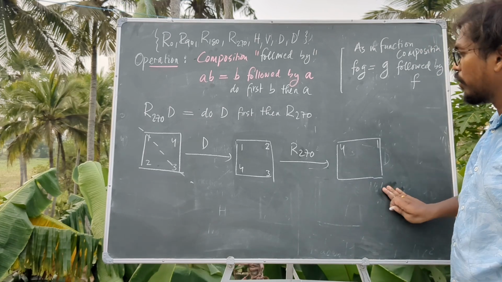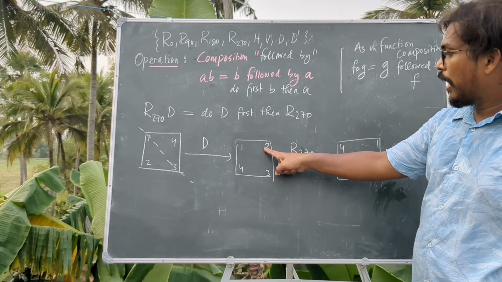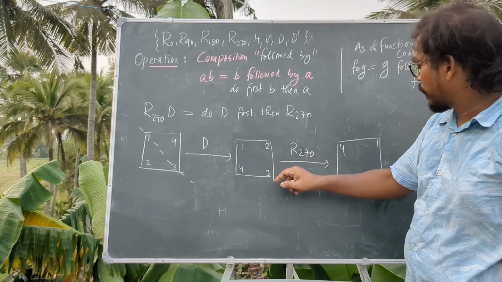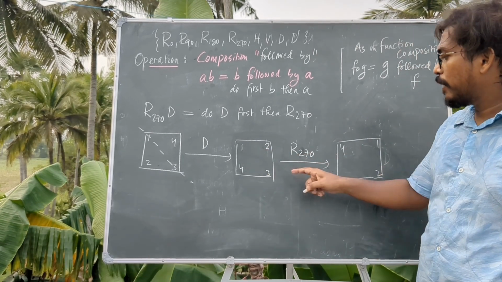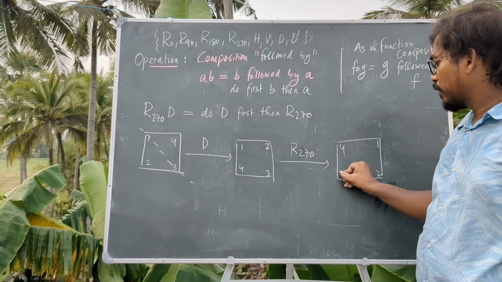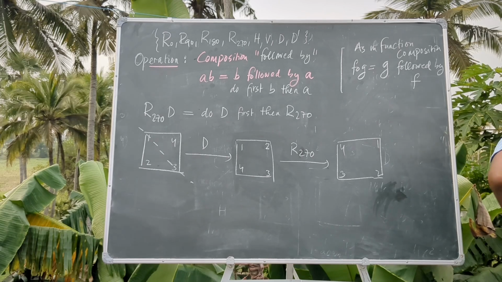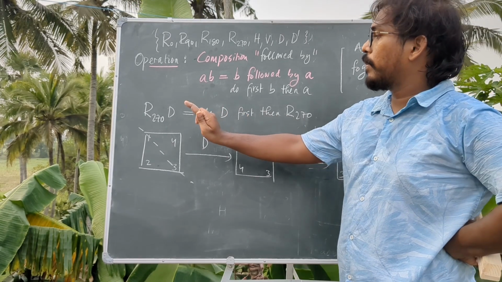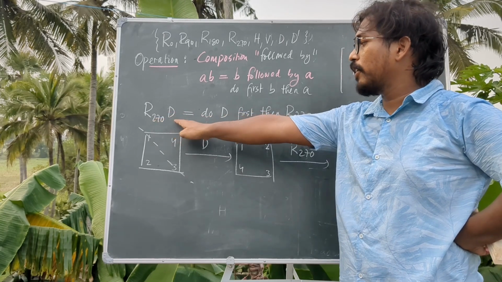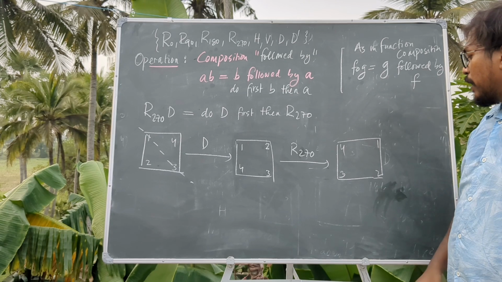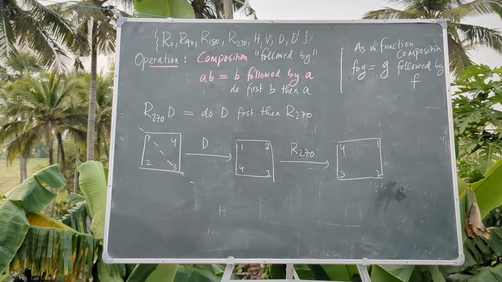Here we will have 4. 2 anti-clockwise, 90, 180, 270. Here we will have 2. And 3 anti-clockwise, 90, 180, 270. Here we have 3. So this is our operation of two elements R270 and D. We have done D first, then R270, and see what we have got.